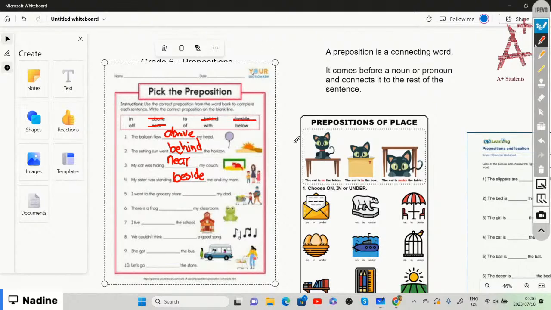Beside being the preposition. I went to the grocery store, we can say with my dad, right? With my dad. So those are all prepositions within those sentences that we identified from the word bank.